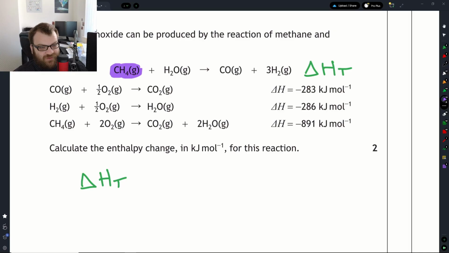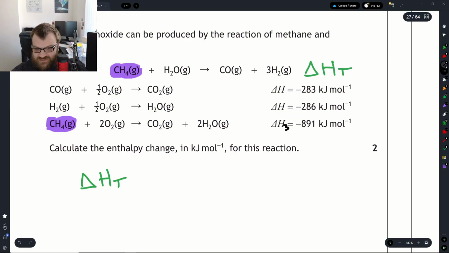I'm looking to see which equation that is present in, and that is present in the third equation here. Next question is, is it on the correct side? Well, it's on the left hand side of both of them, so that's good. We don't have to flip it round. There is 1 in each of them, which means I just want to use the value of delta H3 as it's written. Don't have to change anything.